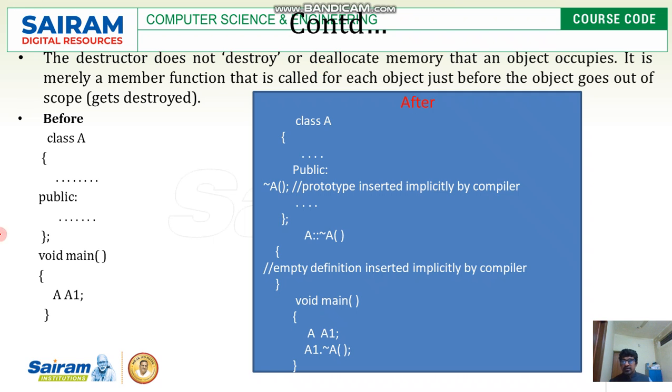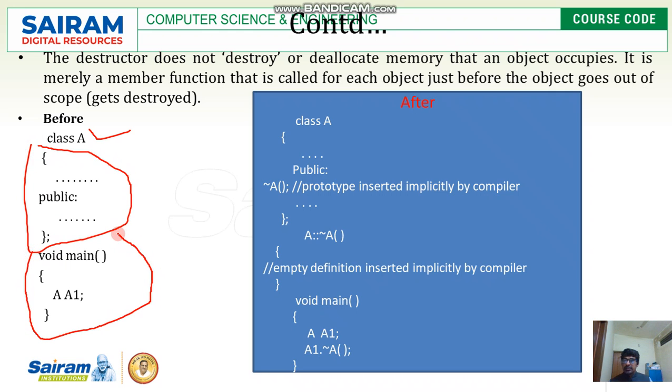So let us see the program where you can find a class. This is the class A, and this is the place where you have created the object. So this is the normal thing, and this gets converted into this format where the class name remains the same.